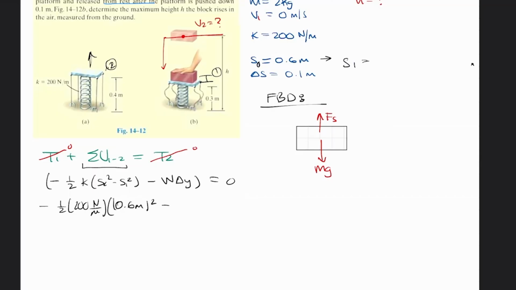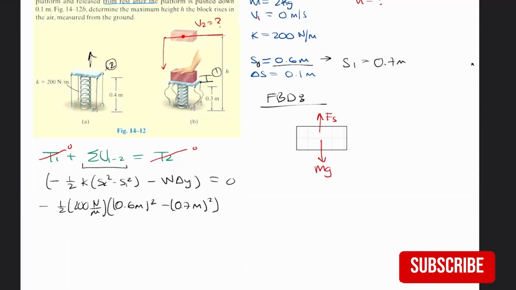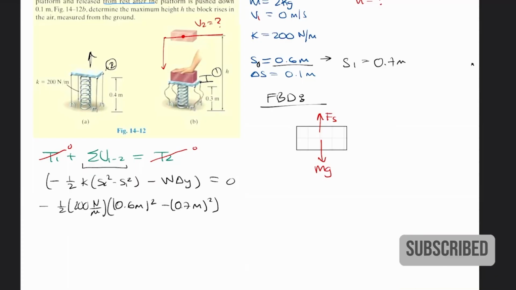So at 1 it equals 0.7 meters. Then it was compressed at the beginning. Then it got released. It went back to 0.6 meters at state 2 after the block left, right? The spring is always limited to 0.6 meters of compression that it has.